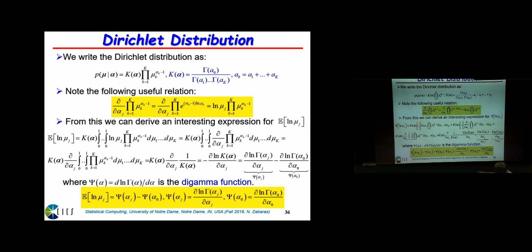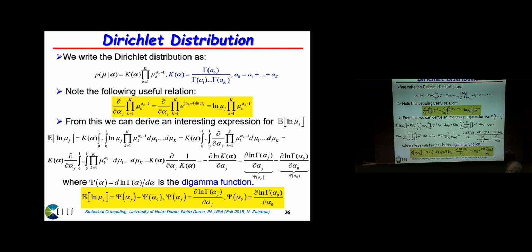The expectation of the log of each of these mu's comes out to be the digamma function, which I will define shortly, corresponding to the coefficient alpha j, minus the digamma function corresponding to the sum of alpha j's, which we denote as alpha 0. This calculation, trust me, will be coming often, especially when you use variational methods and non-parametric statistics. So this is a very useful result.